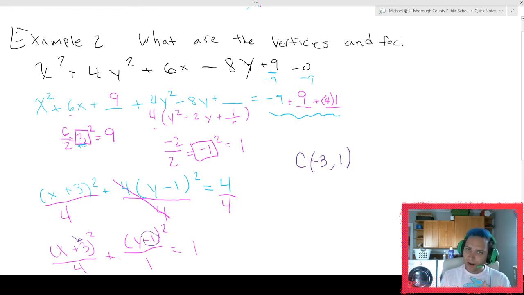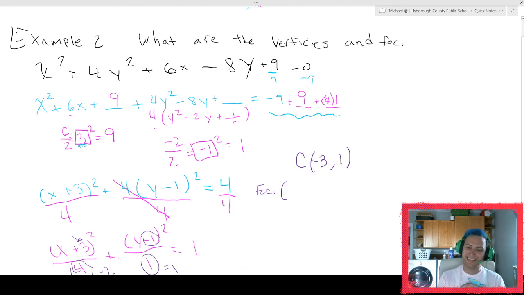My a and b come from here. Since this is a squared, we know that a has to equal the square root of that, so it equals 2. And since this is b squared, I know that b equals the square root of that, which is 1. Sorry, that is incorrect.